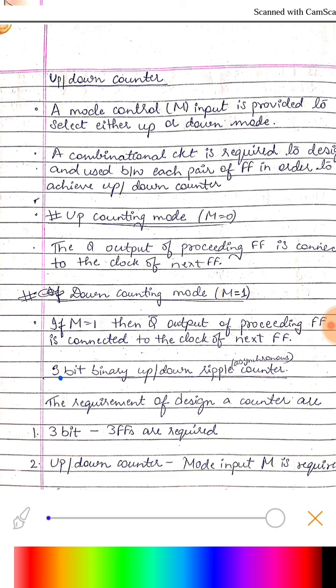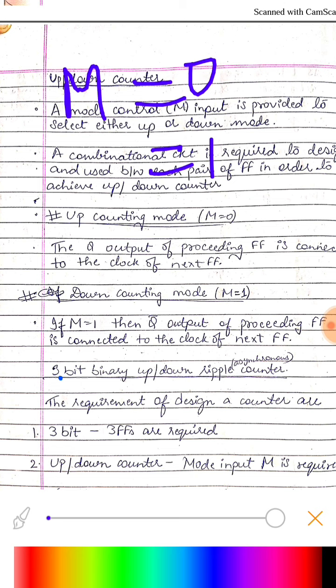So we use a mode, that is M, that can be 0 or 1, to choose between the up counting mode and down counting mode.